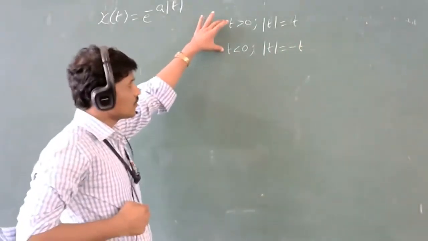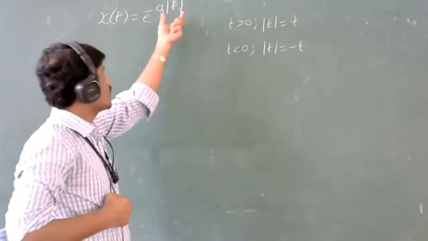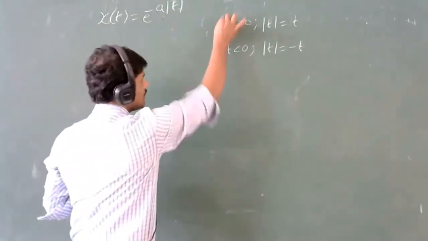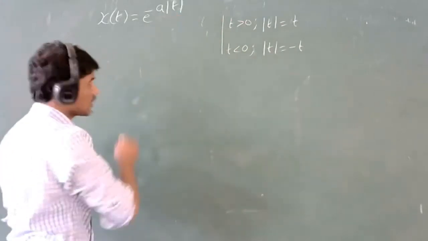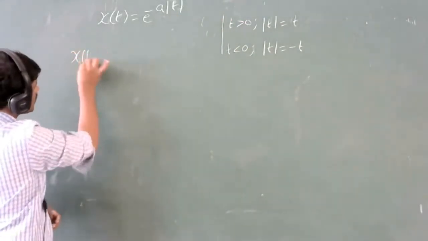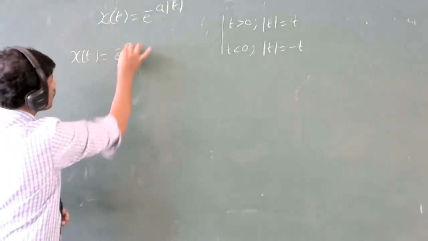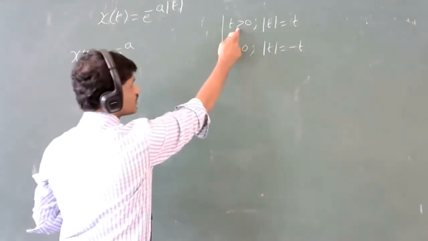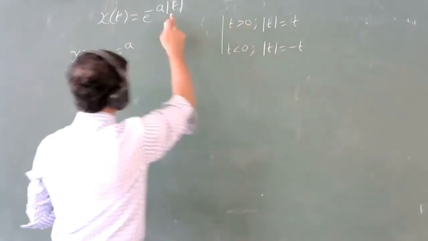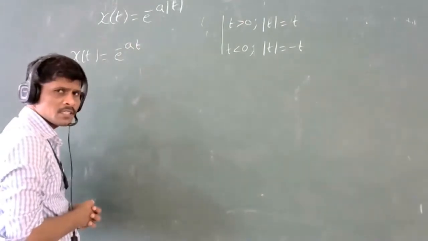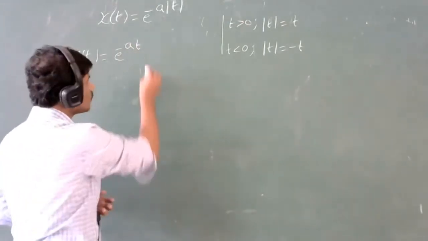Now applying this basic condition to the double-sided exponential signal, x of t is equal to e power minus a magnitude of t. First apply t greater than 0: magnitude of t is t, into u of t.